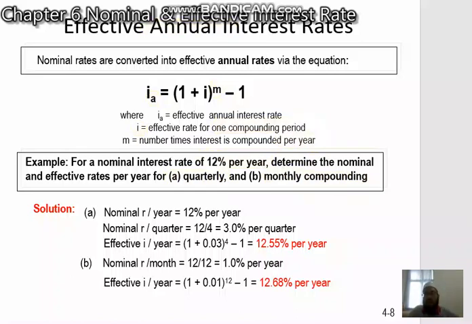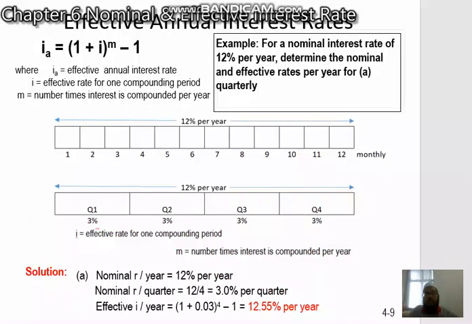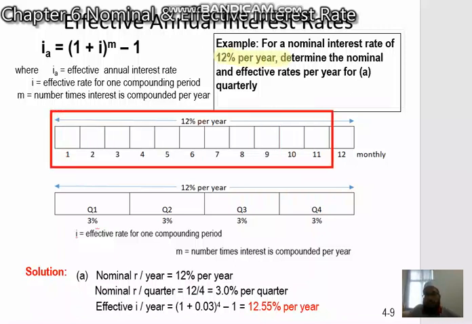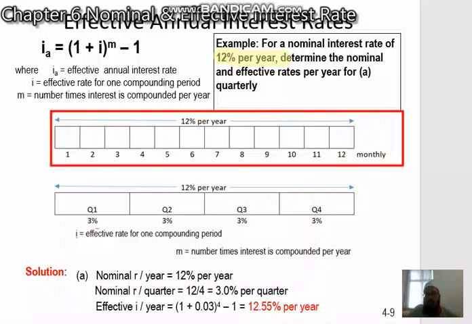We see in part A, quarterly compounding, given 12% per year. So look back at this statement. According to the interest statement given, 12% per year, this is 12 months yearly.